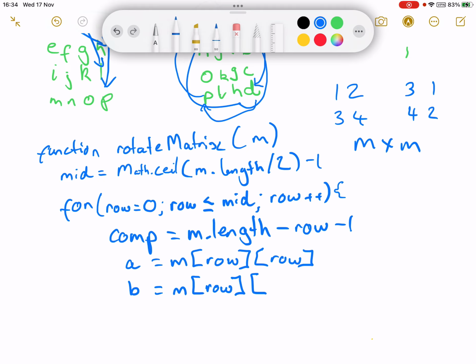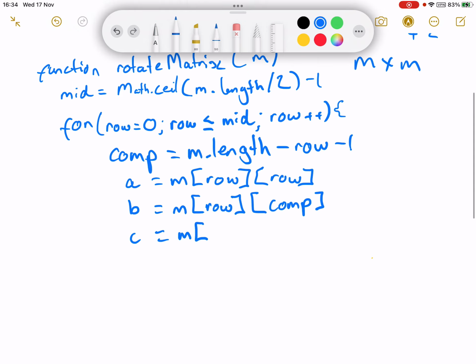Okay, yeah. So, and then comp. Right? And then C is M row, M comp row. Right, and then D is equal to M comp.